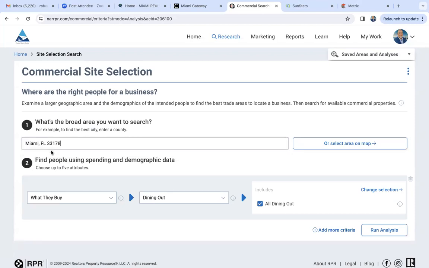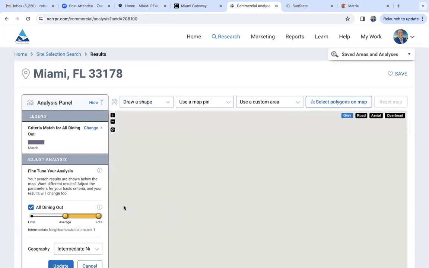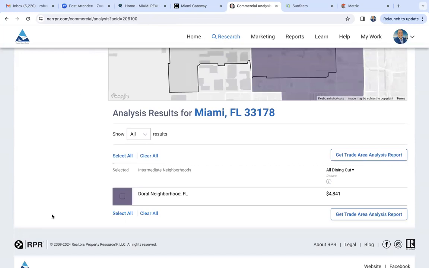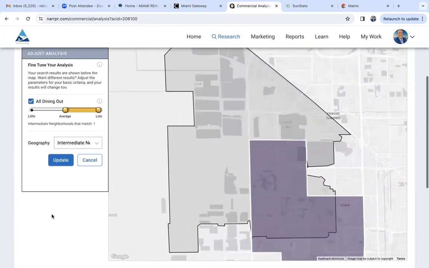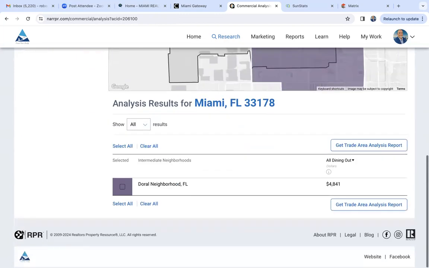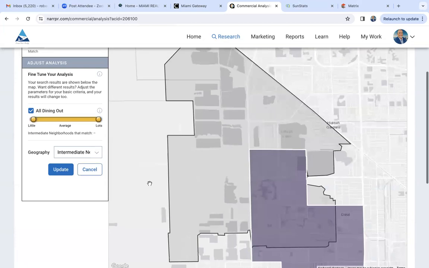All right. Now we're going to go back to run analysis and take a look. All right. So this is zip code 33178. Watch. We're going to go from little to lots. All right. And we have over here, once again, the entire neighborhood of Doral at 4841.